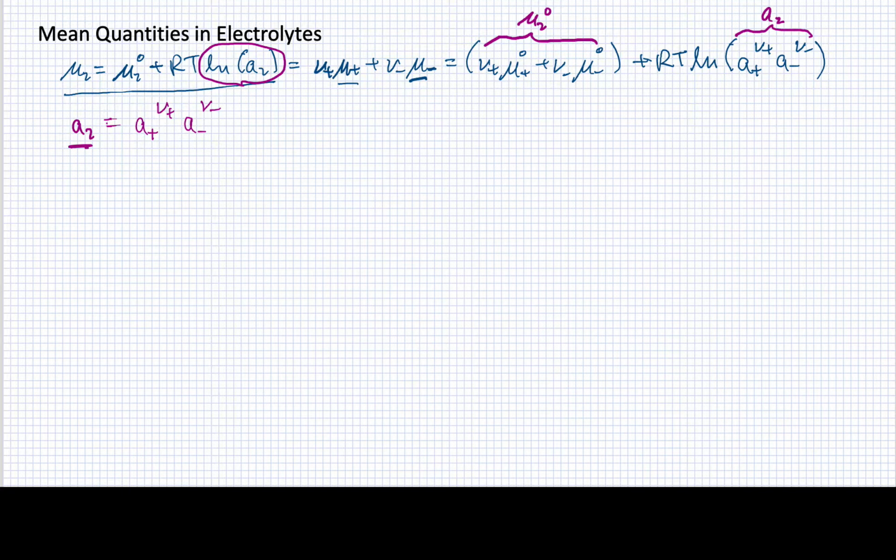Now it turns out that it's going to be useful for us to define a quantity. I'm going to write it over here. V is just equal to the sum of these two stoichiometric coefficients. And one way you can think of V is it is the total number of ions that are placed in solution by each solute molecule.